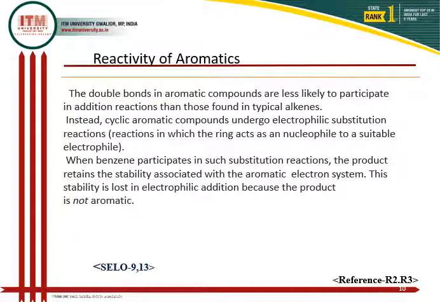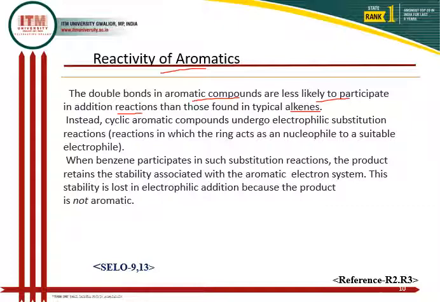Now let's see the reactivity of the aromatic hydrocarbons, or we can say the chemical property of the aromatic hydrocarbon. The double bonds in the aromatic compound are less likely to participate in addition reactions than those of the alkenes. As we have seen, the alkenes also have double bonds and they generally go through electrophilic addition reactions.